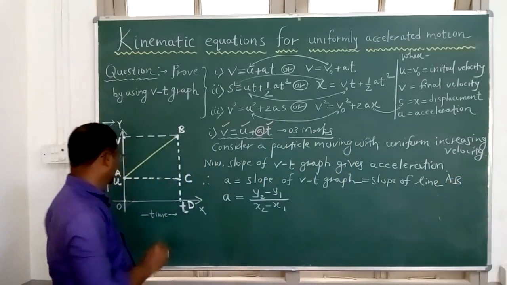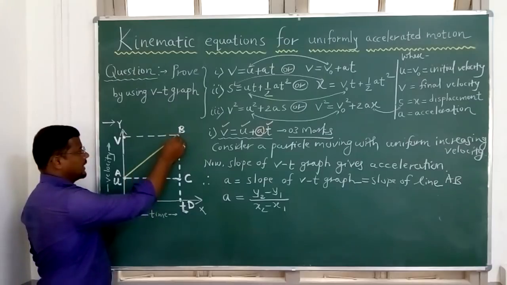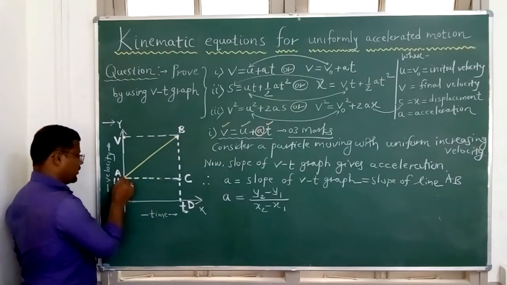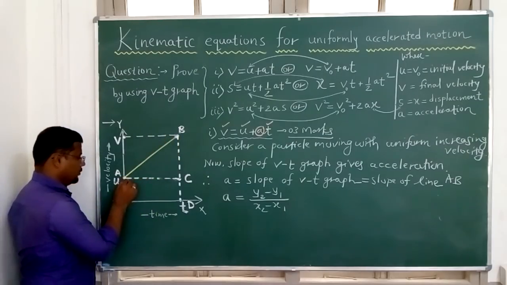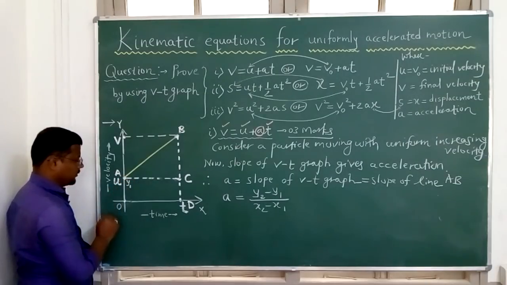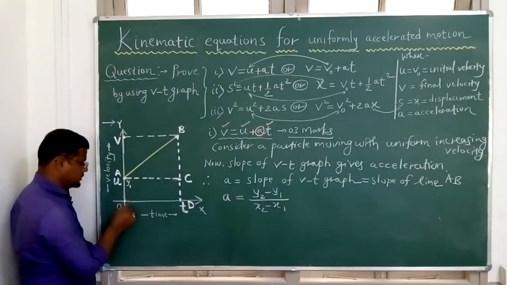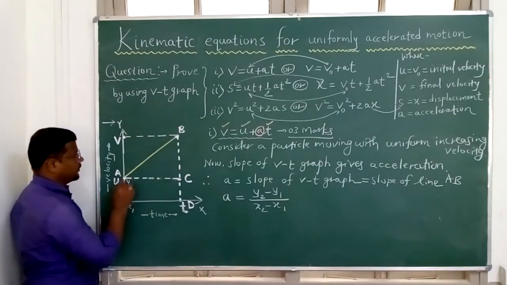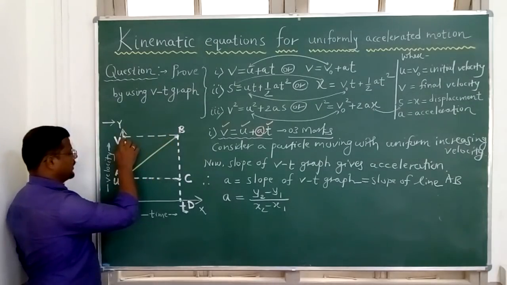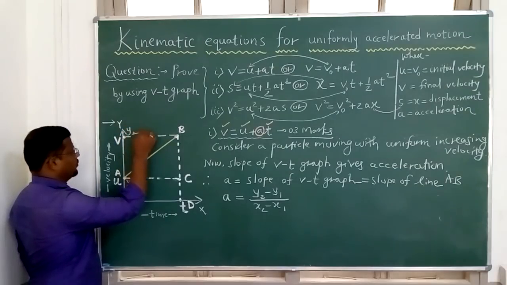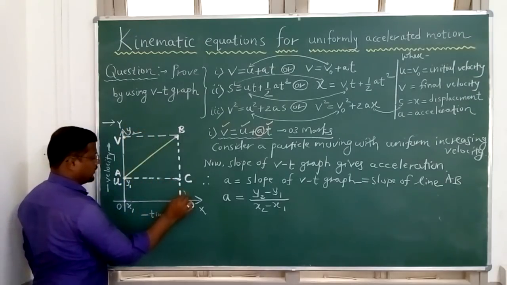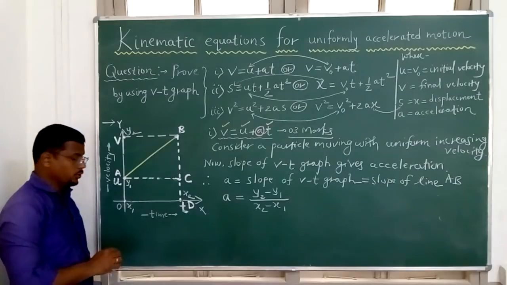So what is the starting point? A. The last point is B. So for A, this value is y1, and this value is x1. For point B, this value is y2, and this value is x2.